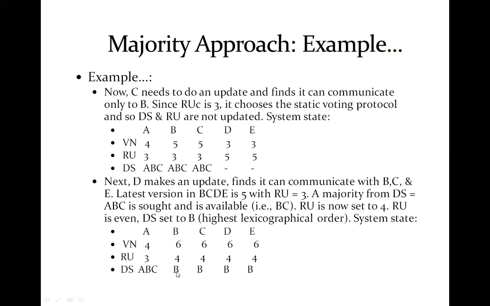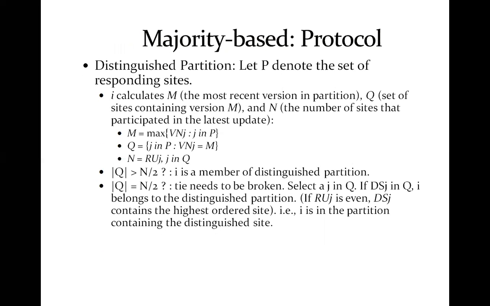So DS has to break the tie, because the value is equal, meaning the cardinality of Q has become n by 2. So the tie needs to be broken. It is going to select a site J in Q, and if DS is J in Q, it belongs to the distinguished partition.